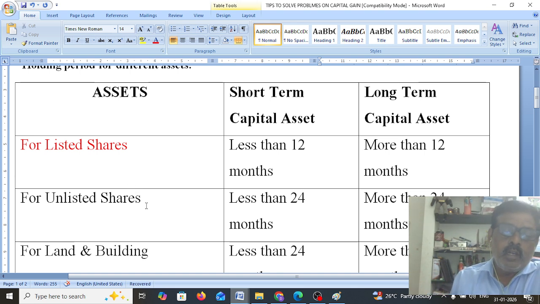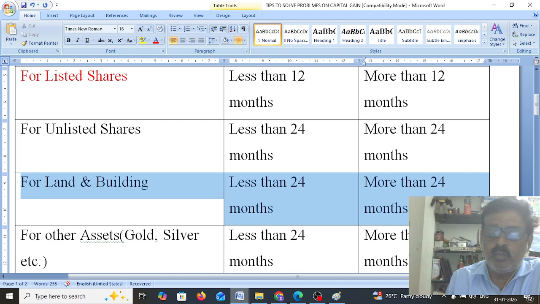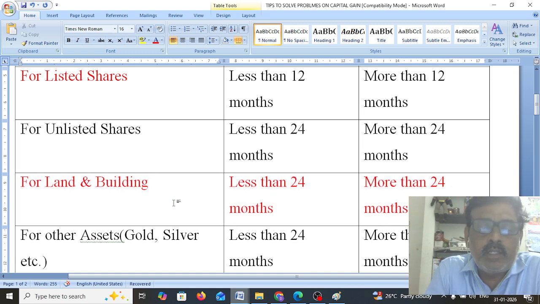For unlisted shares, less than 12 months is a short-term capital asset. If it is kept for more than 24 months, it is long-term. For land and building, I am telling this too because we have a different option to be exercised by an assessee for land and building.